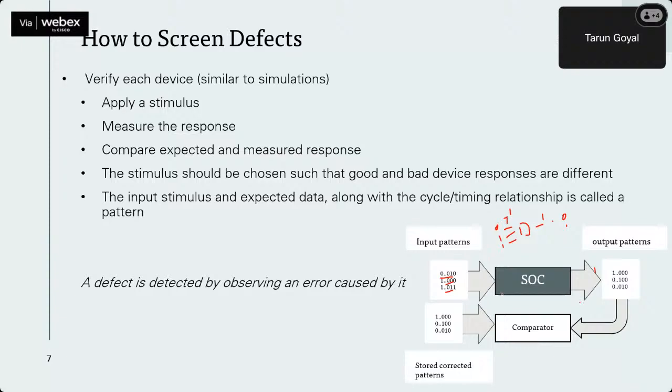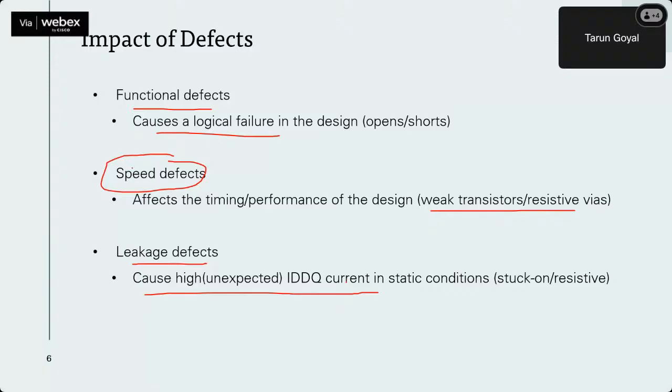So we treat this as the SOC. We apply the input vectors to it, compare with the output vectors, and see where we are seeing the defect. This is how we screen those defects. We have multiple patterns for these defects: stuck-at defects, speed defects, which we call transition, and for leakage defects we have the IDDQ pattern.